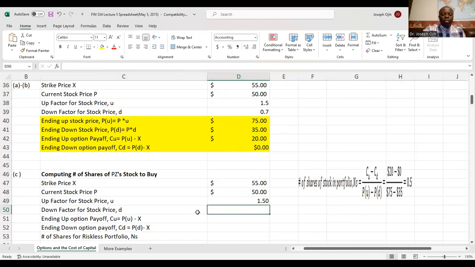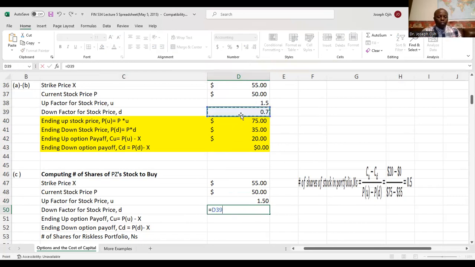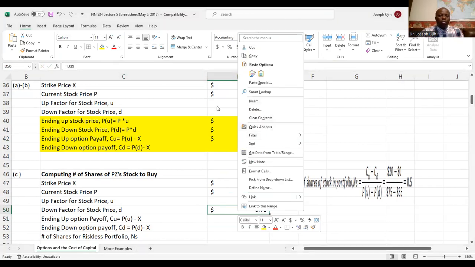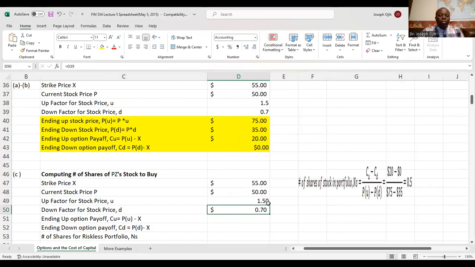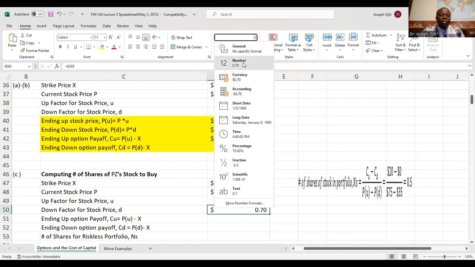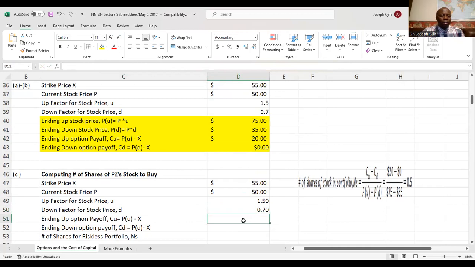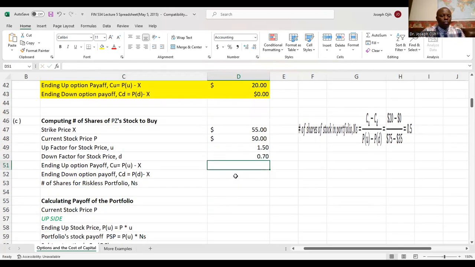Down factor is 0.7. Again, I'm going to change it to just a number, so it's not a currency. Now, you know what?